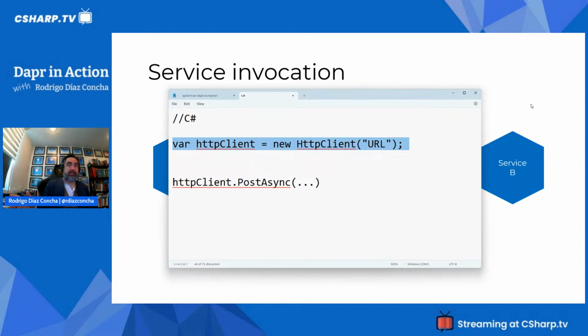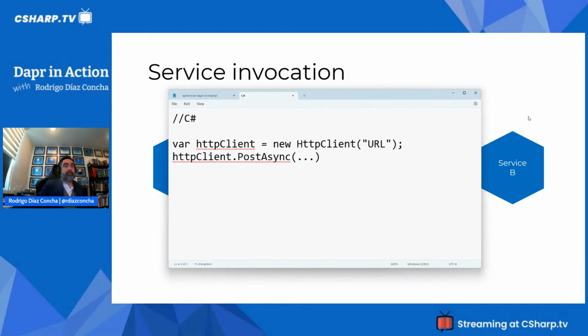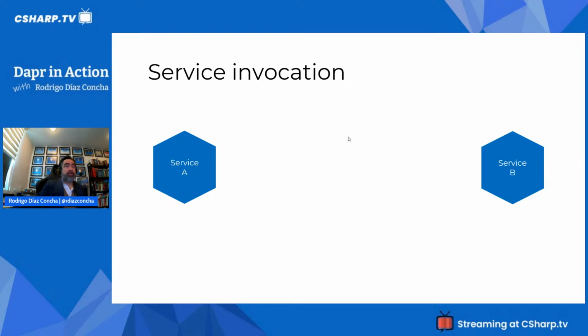How do you do this? What's the URL? This is a problem, right? Because you need a way to identify those URLs, those IP addresses and ports, which is not quite easy to do, to be honest with you. So this is how we can do this without Dapr.